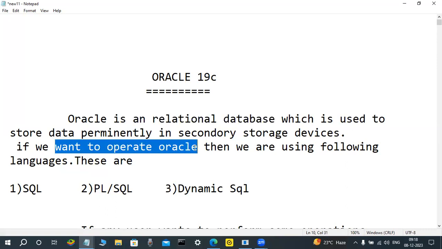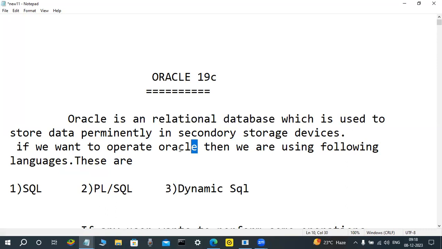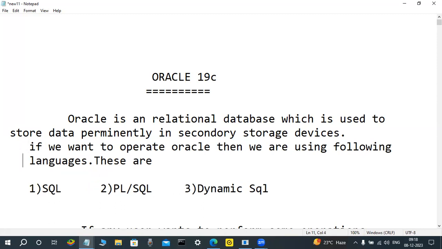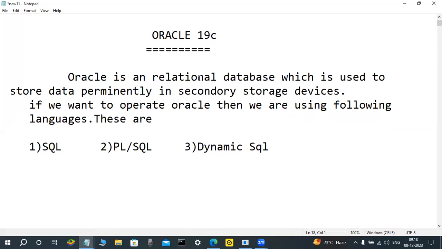If you want to operate Oracle, Oracle means Oracle database, then we are using the following languages.